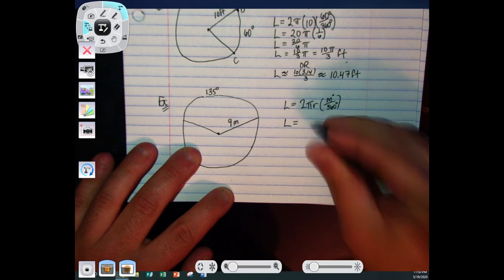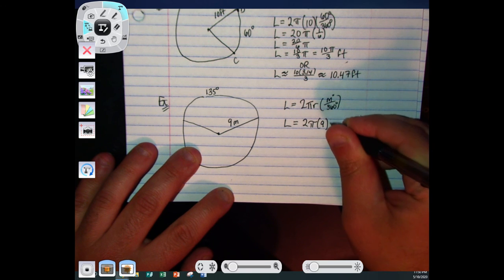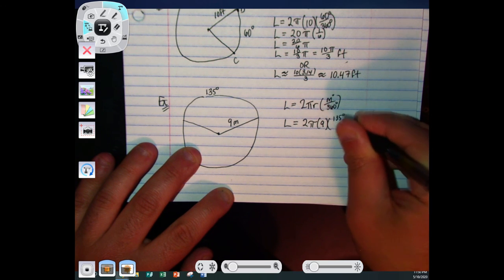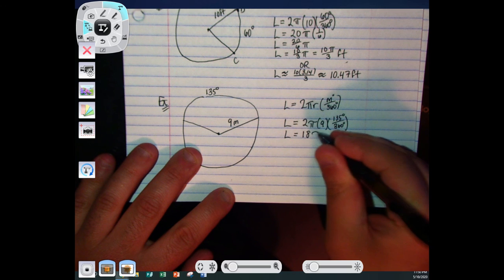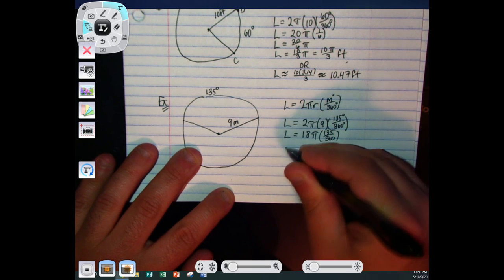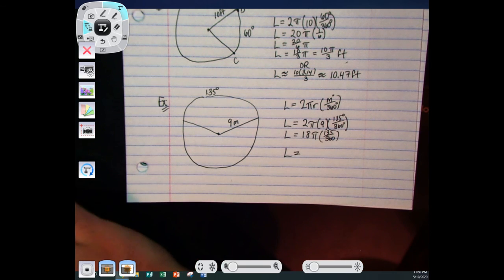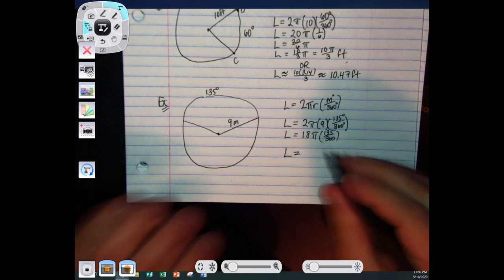So we do our substitution: 2 times pi times 9 times 135 over 360. I know 2 times 9 is 18, so it's going to be 18 pi times whatever 135 over 360 simplifies to. If I enter 135 divided by 360 into my calculator, we end up with 3/8.